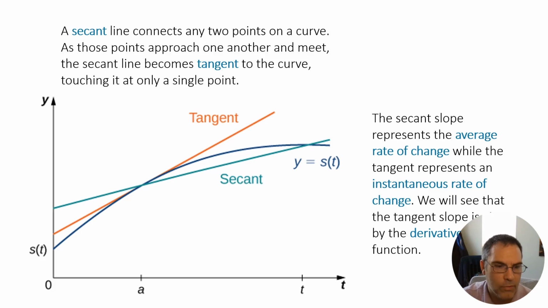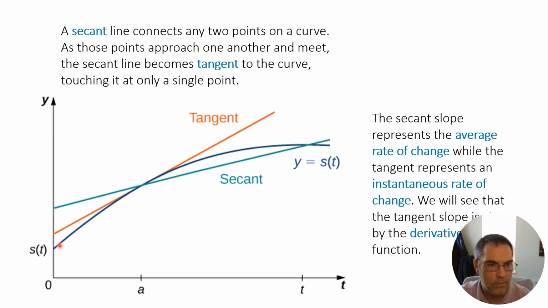So on the screen here, we have a curve in blue, and it could represent anything, right? It could represent any quantity that's varying. And to be a little suggestive here, we have S and T. So T might be time. So something that's changing over time could be what we're looking at here. And then the tangent line to the curve would represent the rate of change at that particular point.